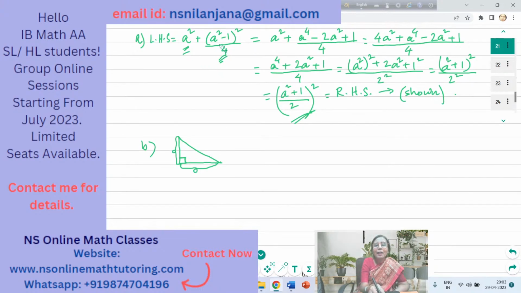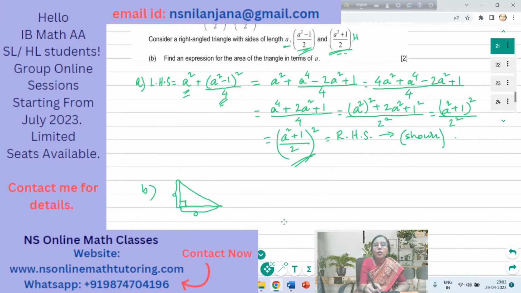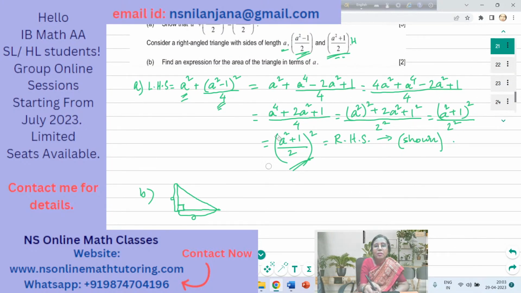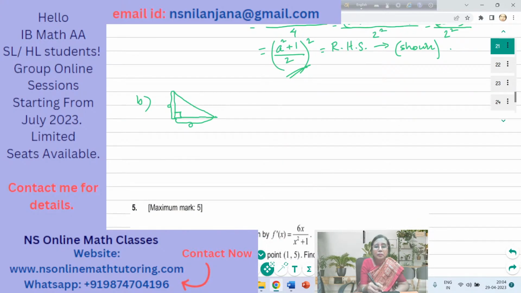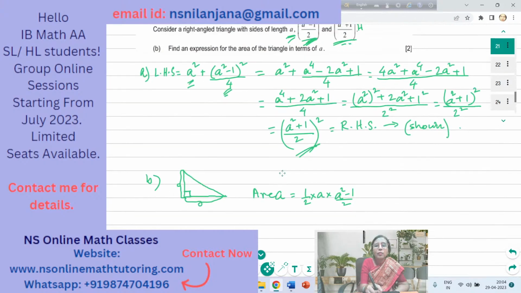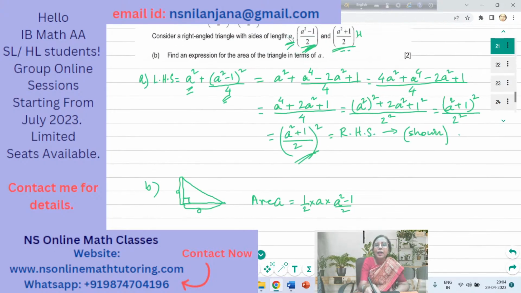One is A and the other one is A square minus 1 over 2. See? One is A and the other is A square minus 1 over 2. Okay? Area is equal to half times A times (A square minus 1 over 2). Let me show you once more. It is A and A square minus 1 over 2. Okay?